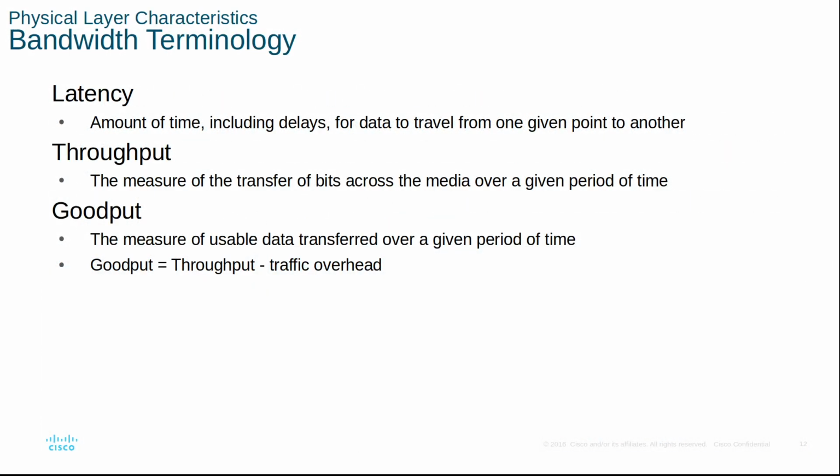When we're looking at bandwidth, we actually look at a couple different terms. We look at latency, so that's the amount of time that it takes, including delays, for data to travel from one point to another. And we look at throughput and goodput. Throughput is a measurement of the total amount of data that could pass over the media over a time period. Now, that data passing over the media in the throughput includes a lot of things like control data, which isn't part of your real data, right?